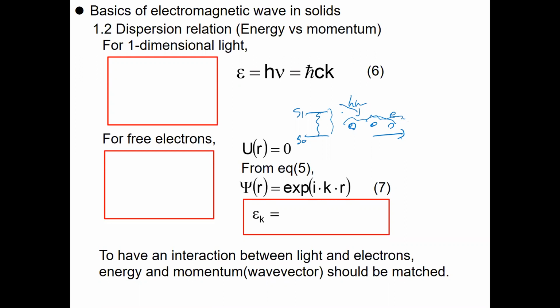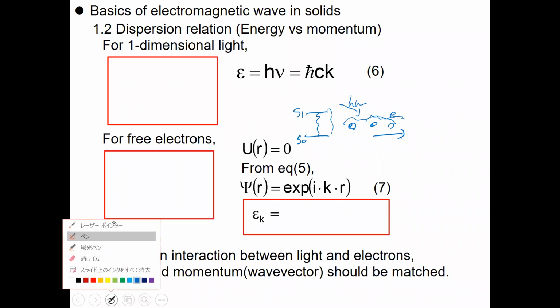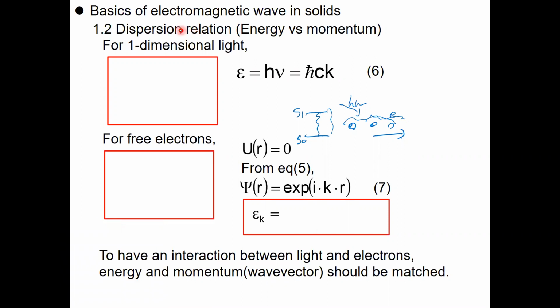So this is the difference between the molecular case and a solid case. That's why we have to think about the dispersion relation, which means the conservation of energy and momentum. The dispersion relation indicates the relation between the energy and momentum.